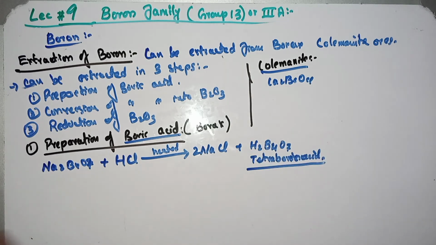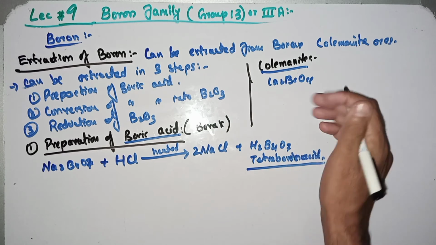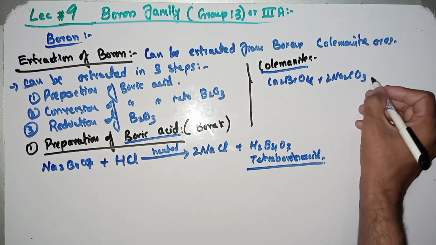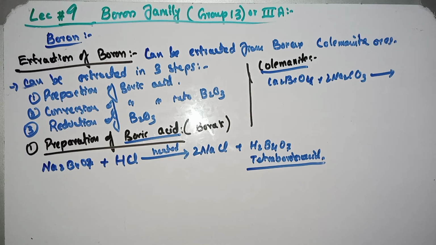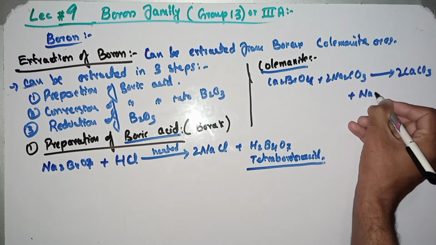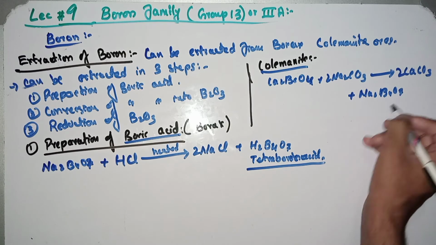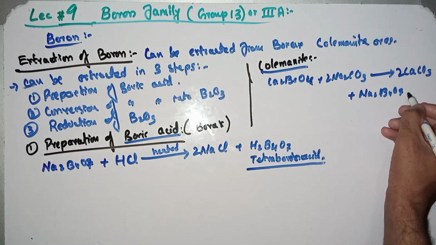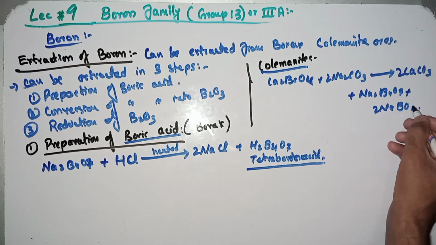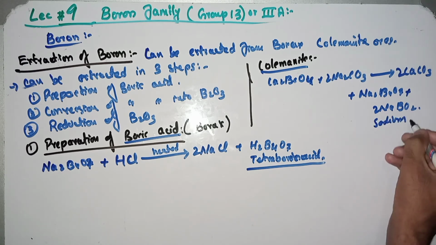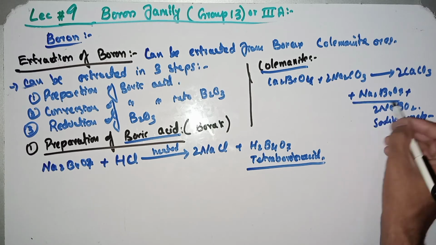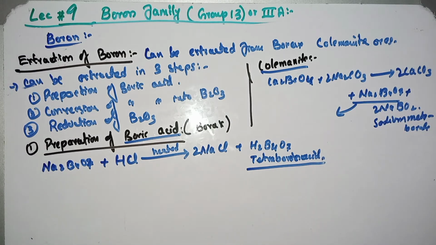When the powdered mineral of colemanite is fused with sodium carbonate, that is 2Na2CO3, it will produce 2CaCO3, that is calcium carbonate, plus borax Na2B4O7, that is tetraboric acid, plus 2NaBO2, that is sodium metaborate. So here borate is also produced.